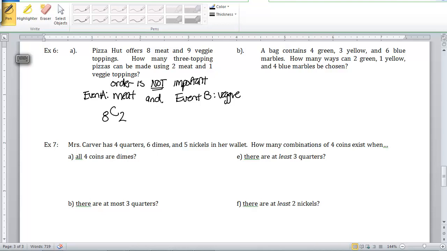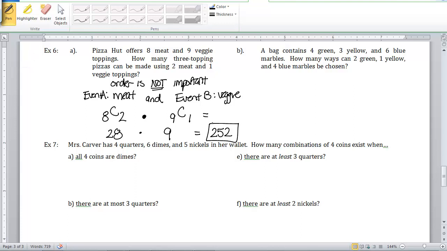And means we want both events to happen. I need to choose meat and veggie, so we'll multiply. Then there were 9 veggies. I need to choose 1. So if I now calculate 8C2, that's 28. 9C1 is 9. And 28 times 9 gives me 252 different pizzas.